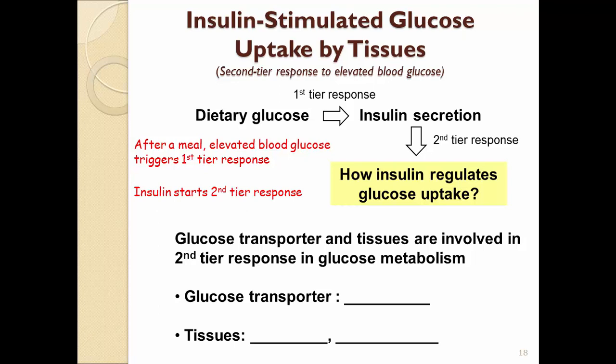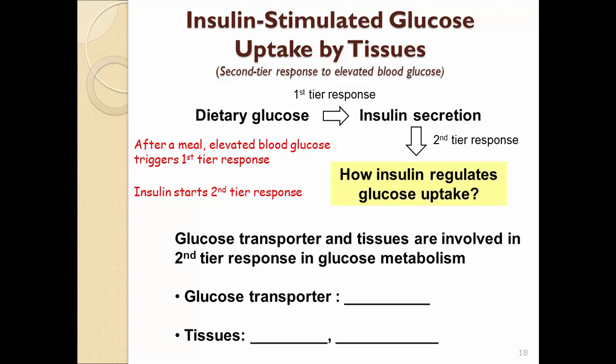So I hope this will be clear. This two-tier response, right? The first tier response is basically dietary glucose being absorbed into the circulation, which then triggers insulin secretion. And insulin stimulating glucose uptake into muscle and adipose tissue by GLUT4 is the second tier response, right?